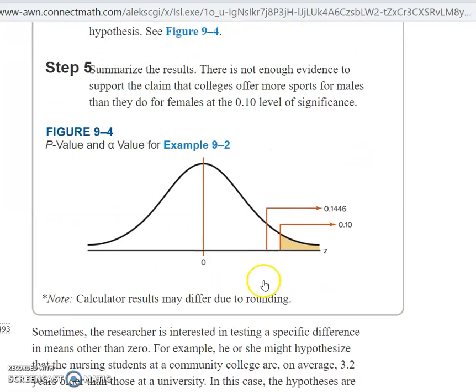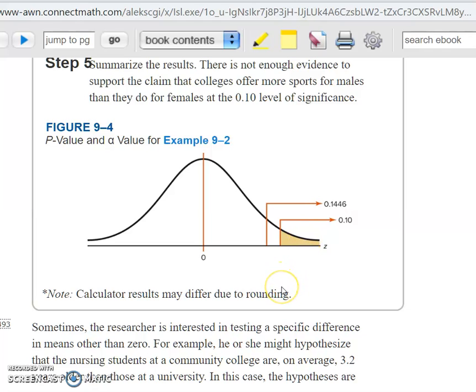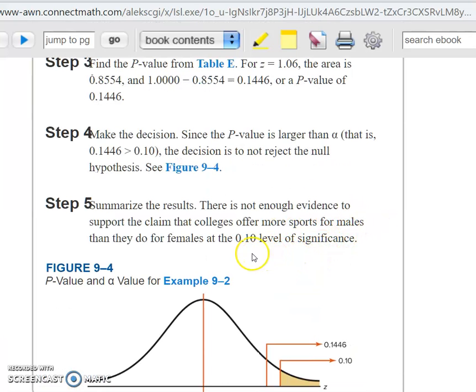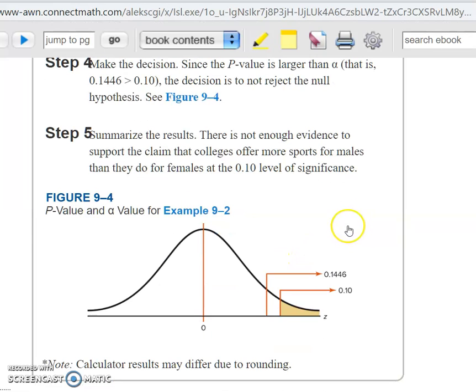There's a 14% chance. So am I going to reject the null hypothesis when there's a 14% chance of it happening just by random chance? Well, no, I'm not, because I want to be reasonable about it. And you always want to have at least an alpha of 10%, if not 5%. So that's why we do not reject the null hypothesis if we're going to use the 10% level of significance.